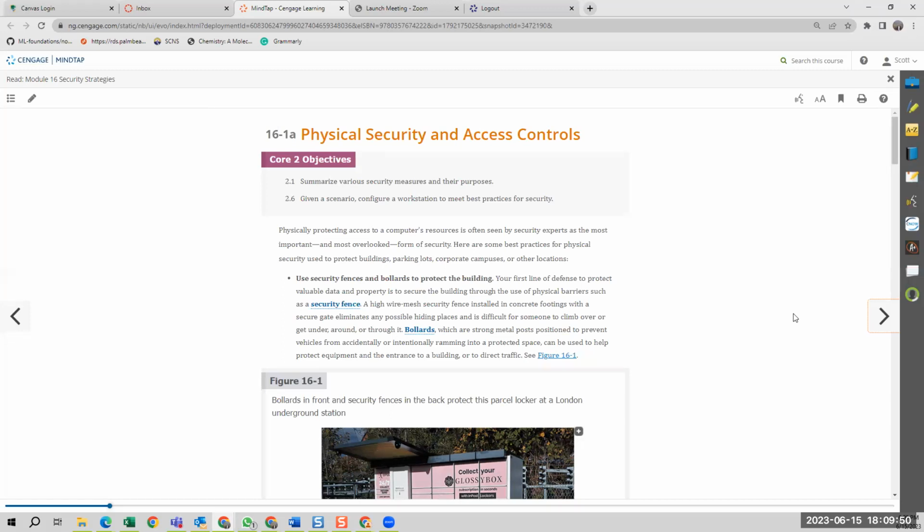And you've got to have badging and credentials and everything just to get on the property. And then there's multiple layers once you get on the property. There's security that are patrolling the grounds. And even if you're an employee and a high-level employee, that doesn't necessarily mean you're going to have access to the most sensitive areas within the compound, or a lot of times they'll call them campuses.